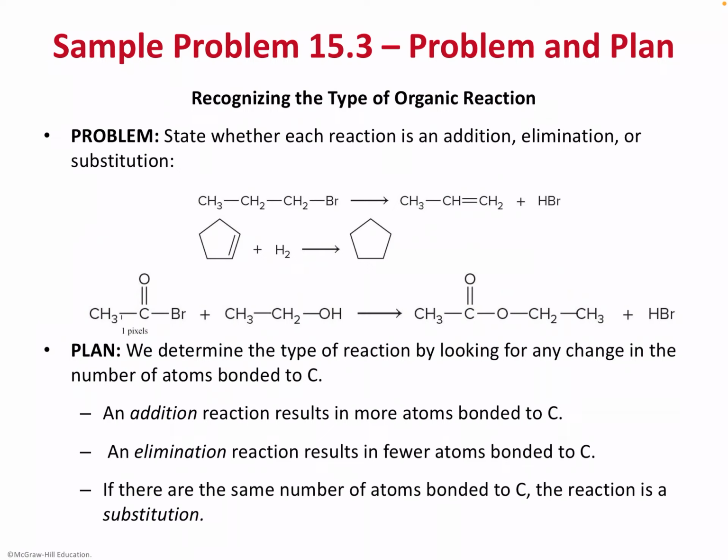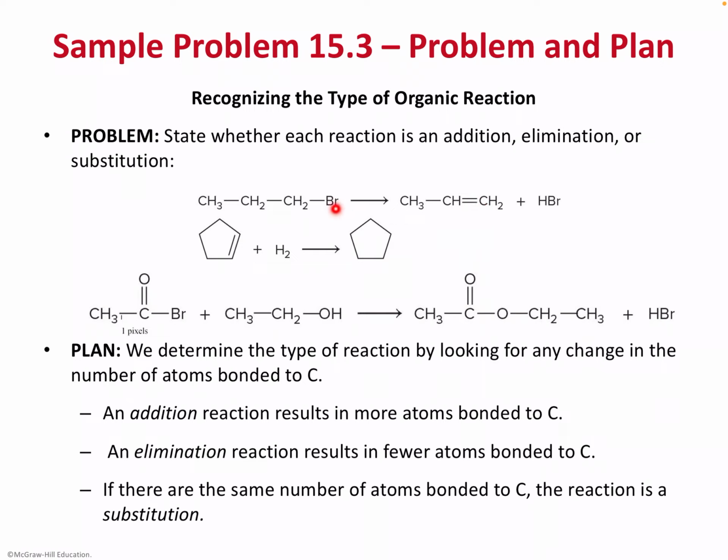Recognizing the type of organic reaction. Let's see. State whether each reaction is an addition, elimination, or substitution. Now tell me what is this one. Here we have an alkyl bromide. When a carbon-hydrogen group is like this, we call it an alkyl bromide. What happened here? We have a double bond. Is it elimination, addition, or substitution?